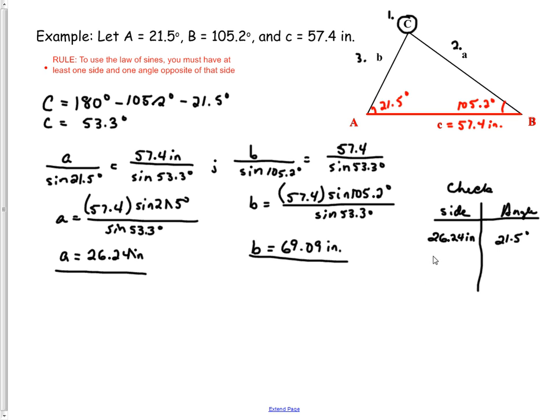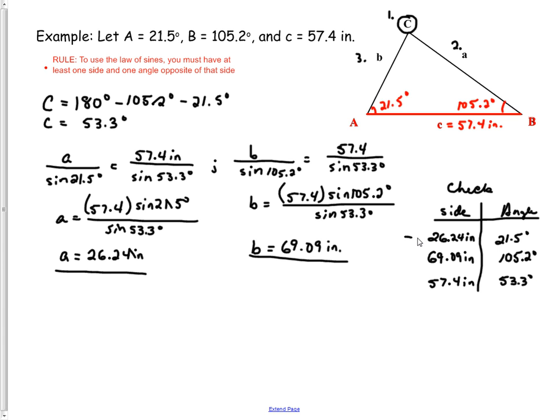We found that side B was 69.09 inches, and that angle B was 105.2 degrees, and that side C was 57.4 inches, which we were given, and its opposite angle was found to be 53.3 degrees. And so, does it make sense?